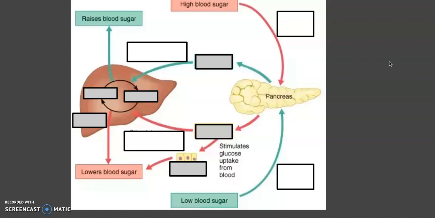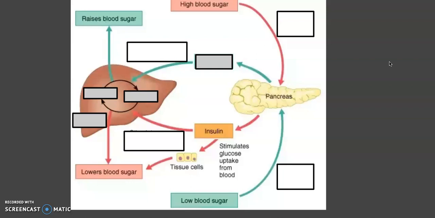So first, either high or low blood sugar sends signals to the pancreas. And if we have high blood sugar, then the pancreas releases insulin. And insulin stimulates uptake from blood to tissue cells.